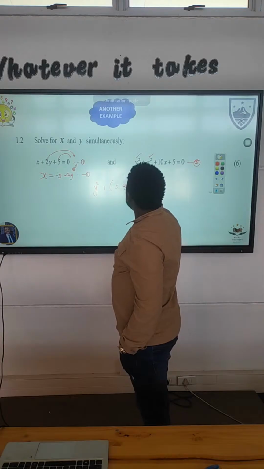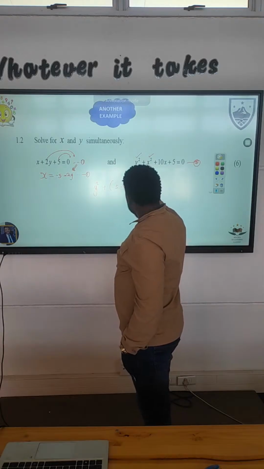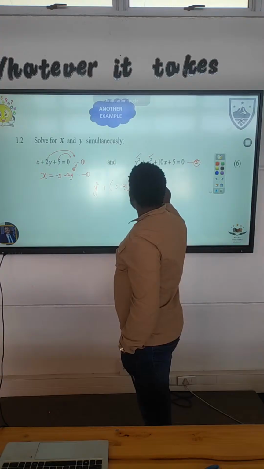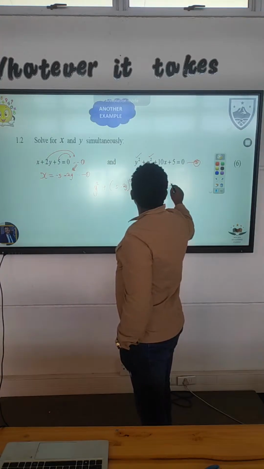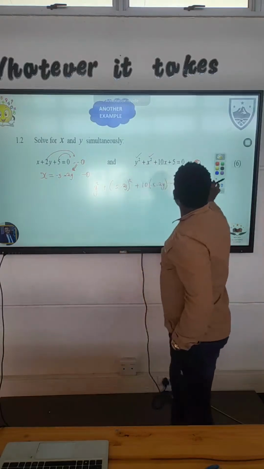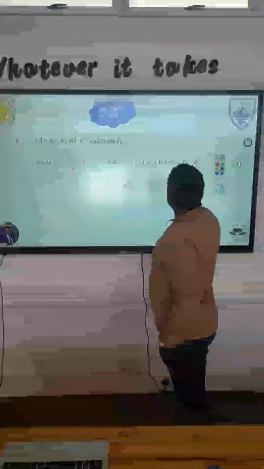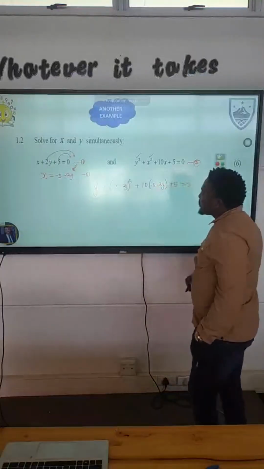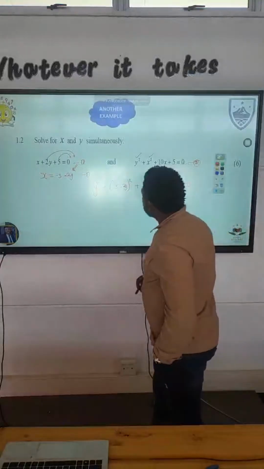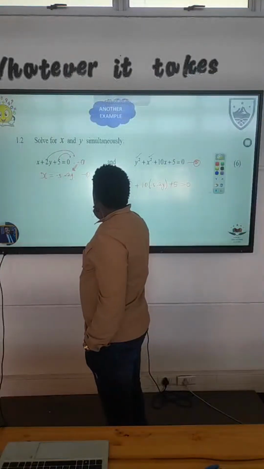Remember this one squared, and then plus 10, negative 5 minus 2y, plus 5 equals to 0. And then let us now simplify.